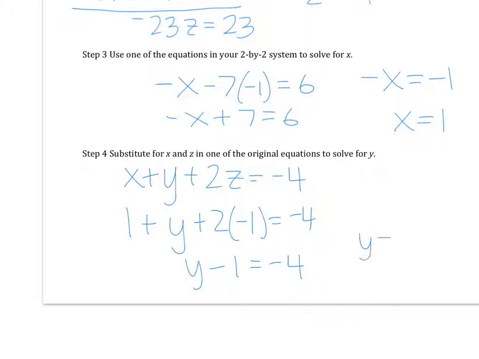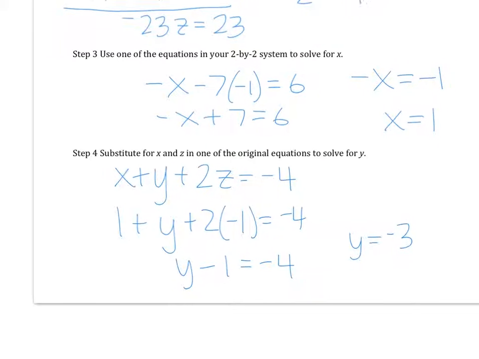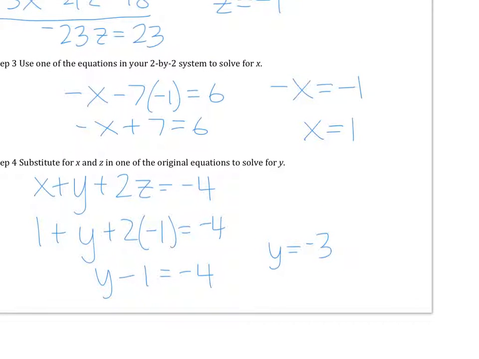So y equals negative 3. And then you write that as an ordered pair in 3 dimensions, which would be x is 1, then y is negative 3, then z is negative 1.